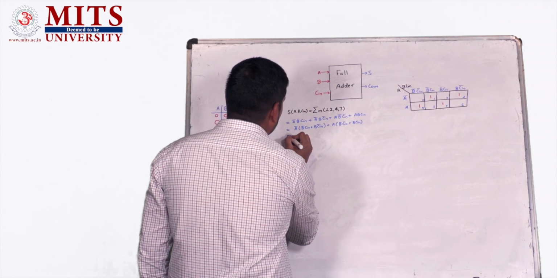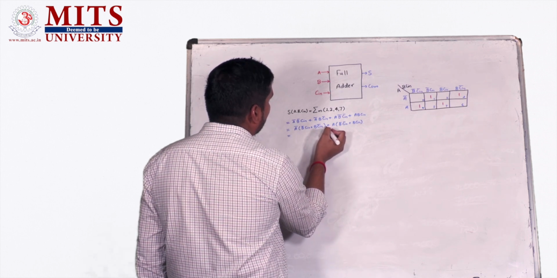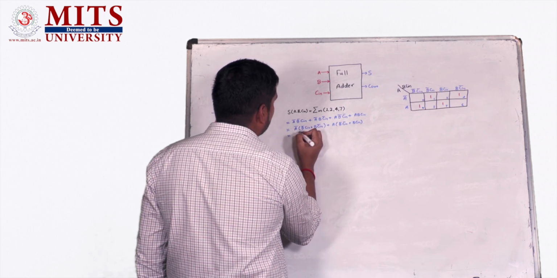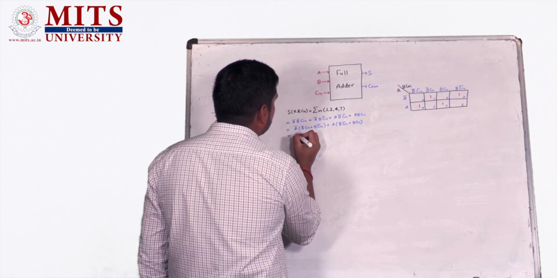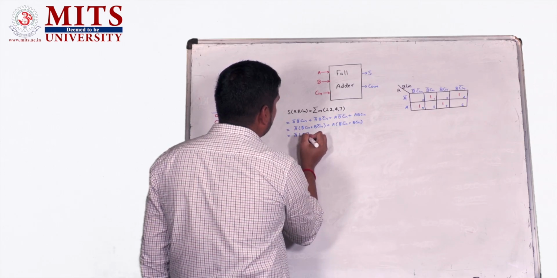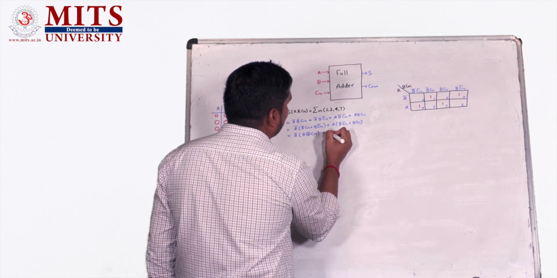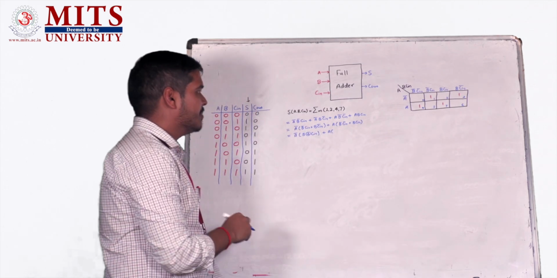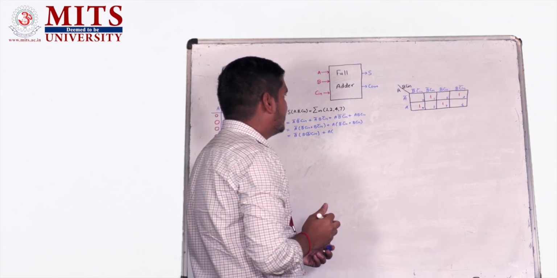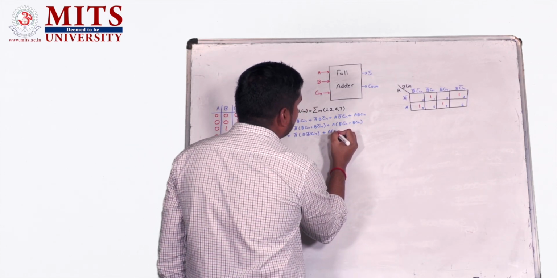So we know that this B bar C in plus B into C in bar is nothing but the XOR operation between B and C in. So this we will write here, B XOR C in, plus A into B bar C bar in plus B into C in. This is the XNOR operation between B and C in.